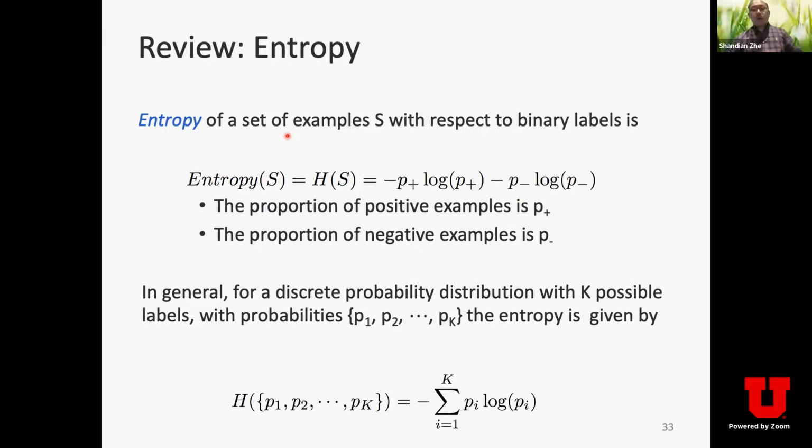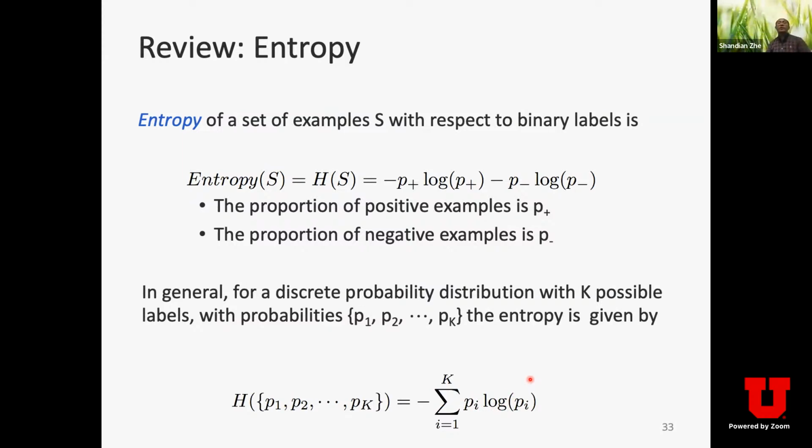Suppose you have a discrete probability distribution with k possible labels, where the probability that your example takes each label is p1 to pk. Then the entropy is given by this: the negative summation of each probability pi times the logarithm of pi.